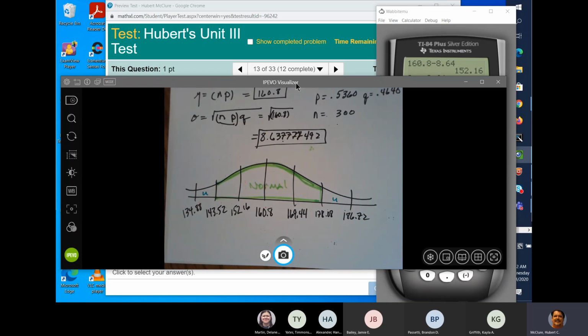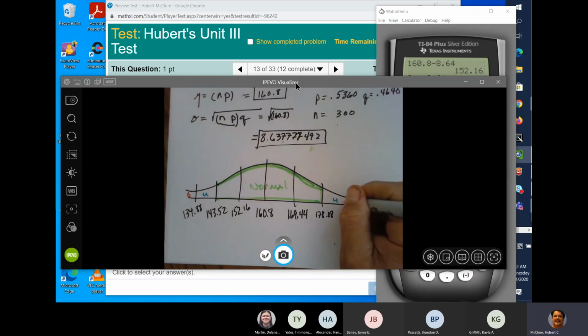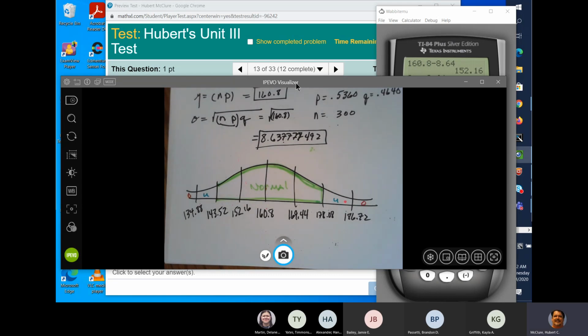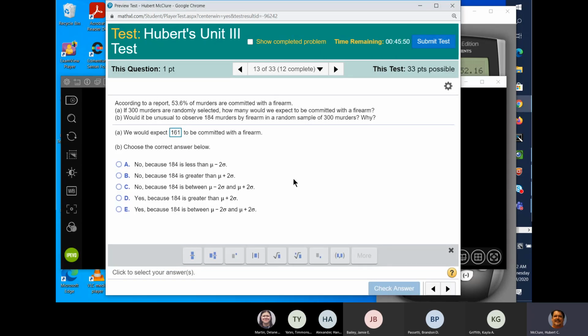And then the outside is what? The outlier. Unusual and outlier are pretty much the same thing, one's more extreme. Let's plot 184. 184 is right here. Is that unusual or normal? Unusual. So yes, it would be unusual because it's outside 2 standard deviations.